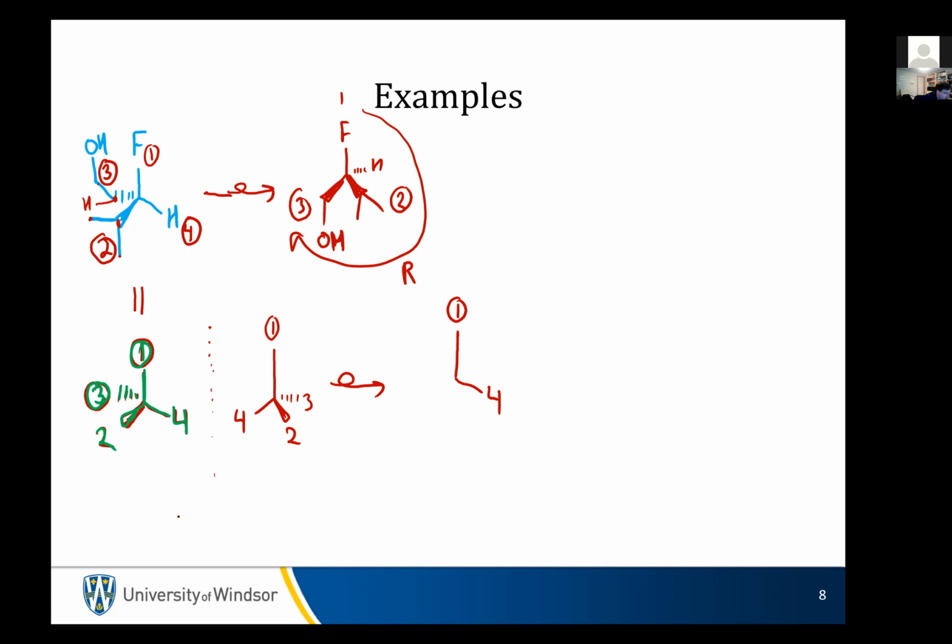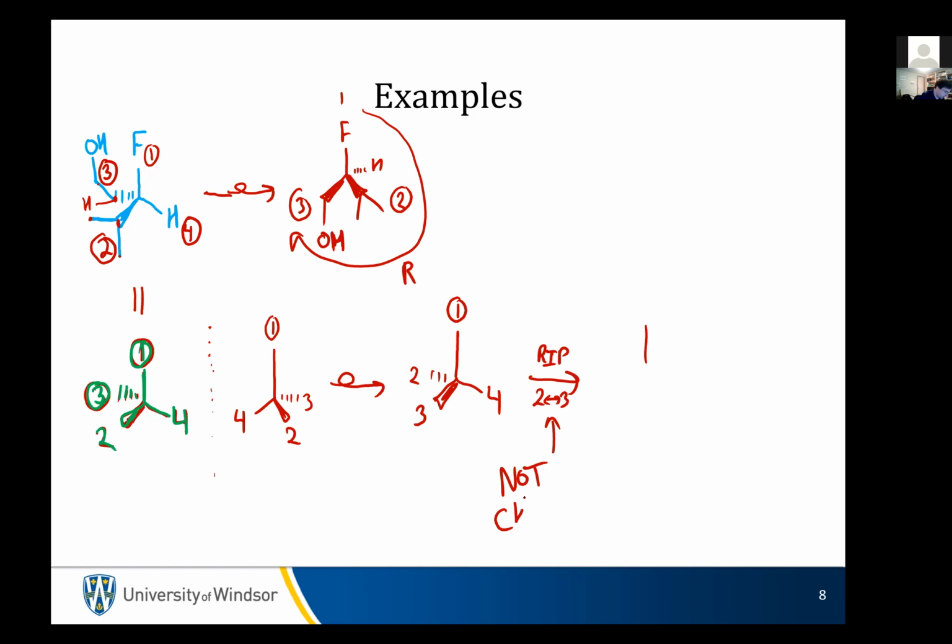Okay, so this red one, I can get the 1 and the 4 overlapping, but what I'll have is the 3 pointing out towards us and the 2 going back and away. So these are not the same molecule. But if I physically rip off atoms 2 and 3 and swap them, this is not chemistry.